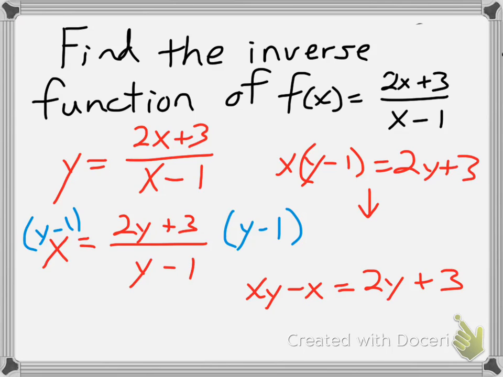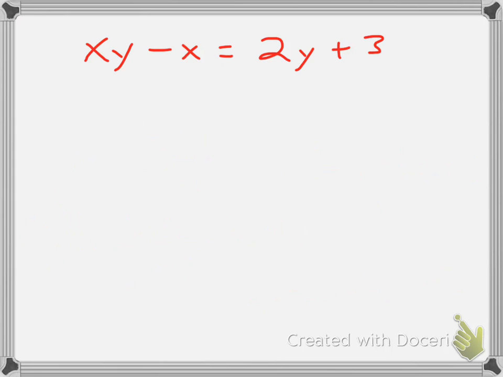So from this, I want to solve for y. Let me give myself some more space. So if xy minus x equals 2y plus 3, just double checking. Again, my big dilemma with a problem like this is I have two variables for y. And if you were solving for x instead, you'd be facing the same problem.